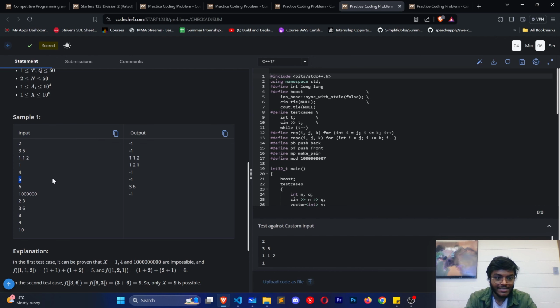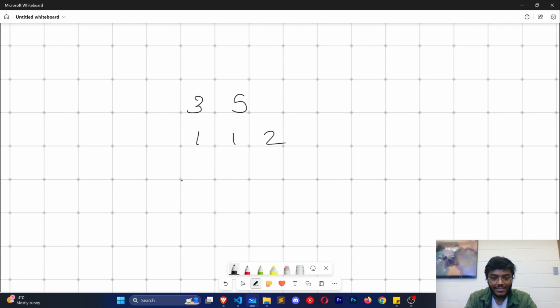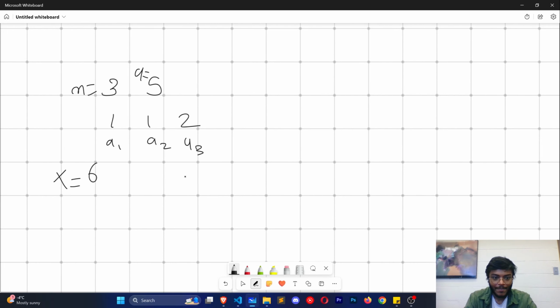Okay, or let's take 6 6. Okay, so x is equal to 6, n is equal to this, q is equal to this, and these are our elements a1, a2, and a3. Now can we have a permutation of this so that a1 plus a2 plus a2 plus a3 is equal to 6, right?